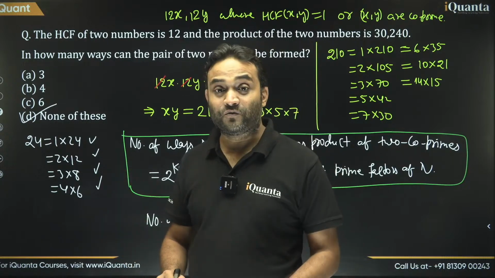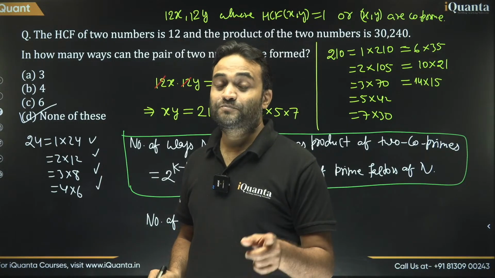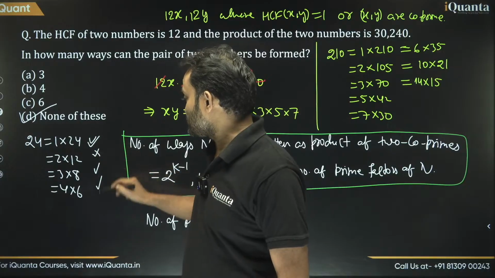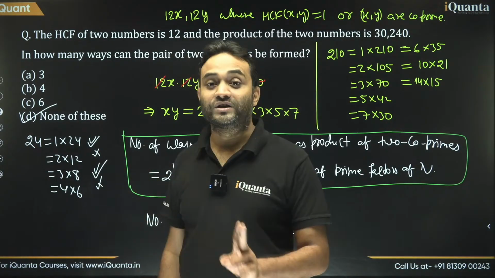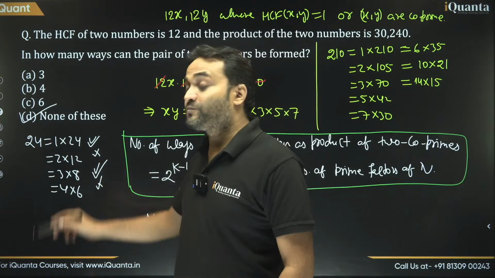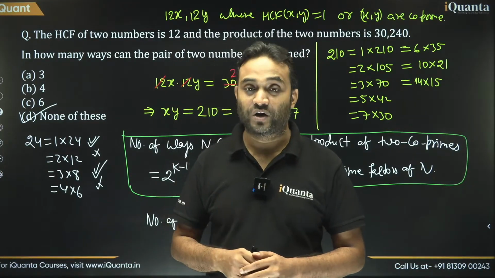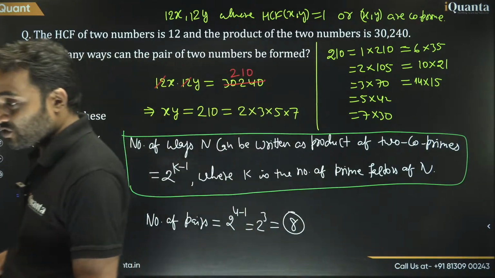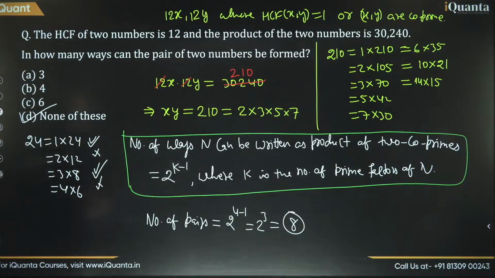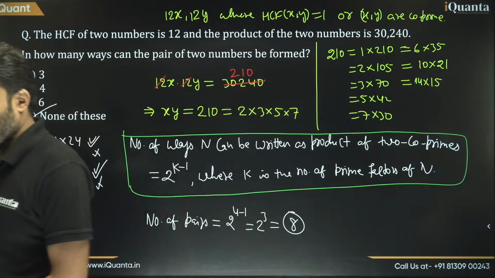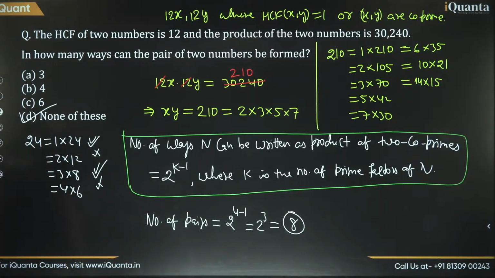But the number of ways 24 can be written as a product of two co-prime factors will be only 2 ways, not this one, not this one. Because 24 has 2 prime factors, so 2 squared minus 1 means 2 to the power 1, that is 2. Okay, Dhruv? Yes, in this case you can do it. Correct. Okay.